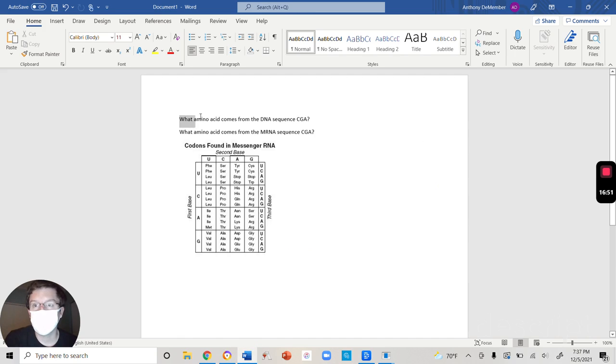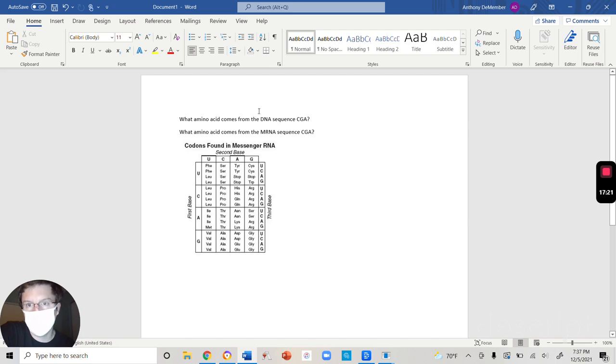So, first, what amino acid comes from the DNA sequence CGA? Or what amino acid comes from the messenger RNA sequence CGA? One of these is a little bit more difficult than the other, but not by much. You need to know that when we're looking for an amino acid sequence, you're only getting an amino acid sequence by directly reading from the messenger RNA.